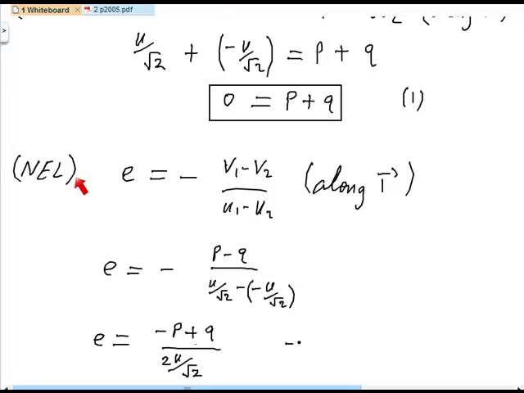Finally, minus P plus Q is equal to 2UE over root 2. And maybe we can tidy that up a little bit. 2 over root 2 is simply root 2, so we can just say it's root 2 in front.